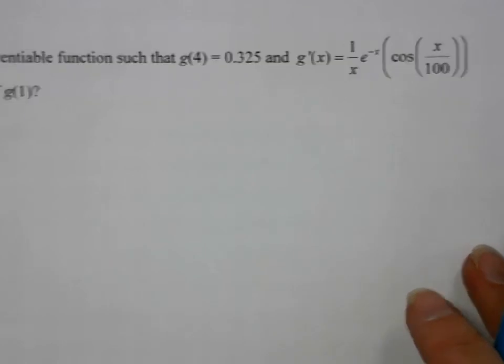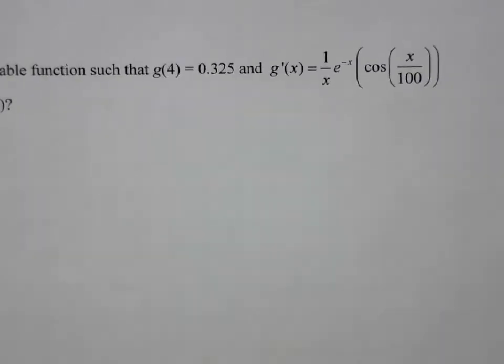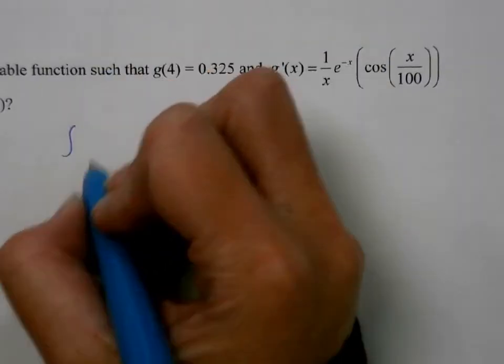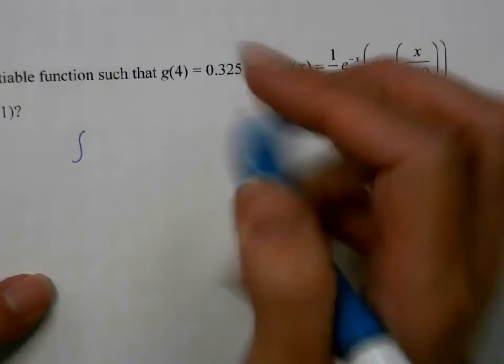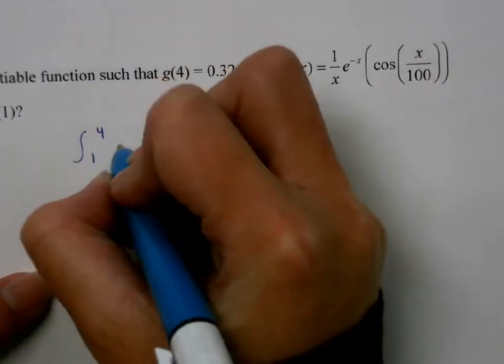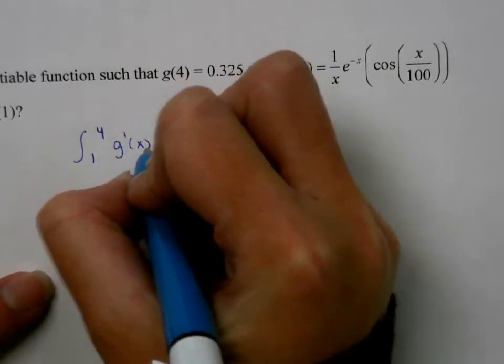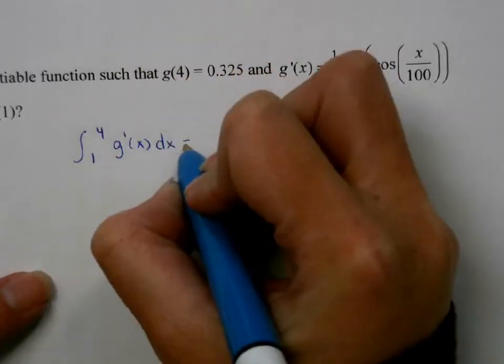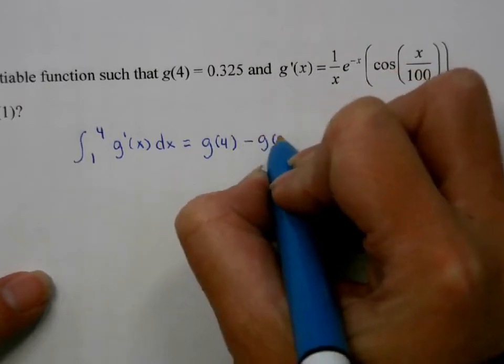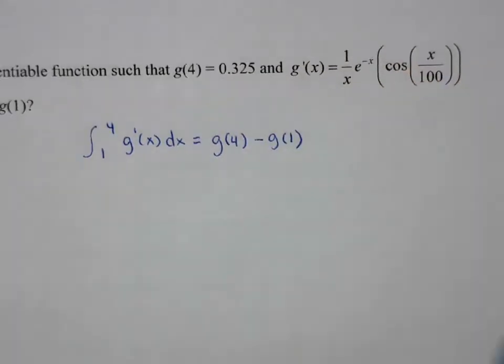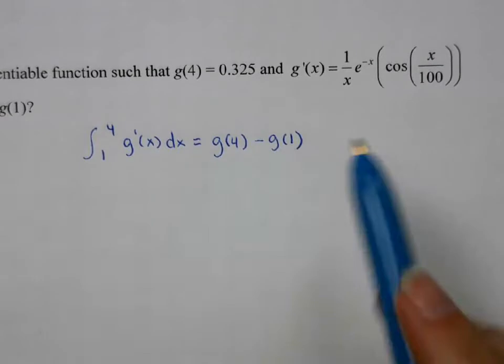So the integral, we're going to use the two values, the one we're trying to find and the one we know. So the integral from 1 to 4 of g prime of x is going to equal g of 4 minus g of 1. Okay, so this is what we're solving for. We know this is 0.325.